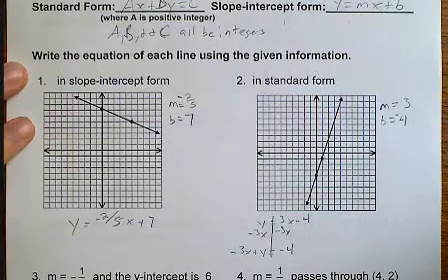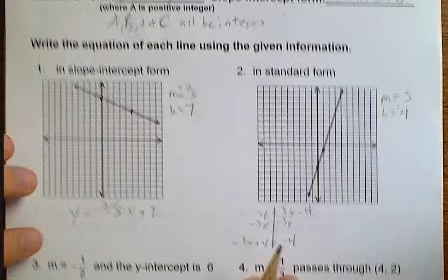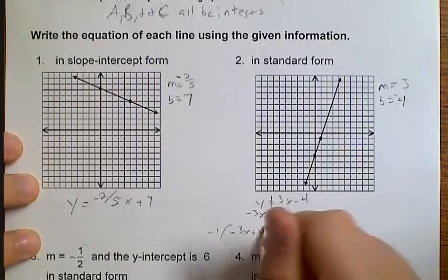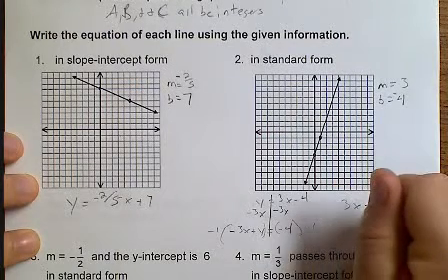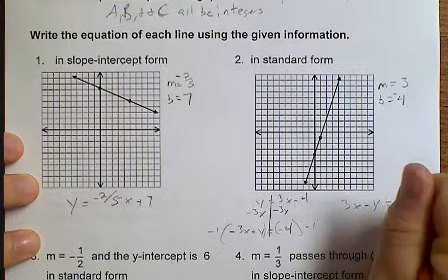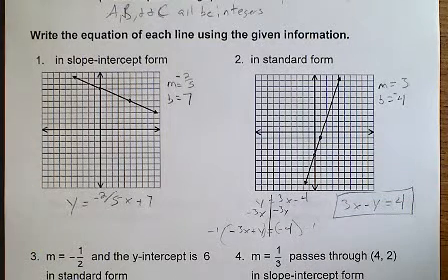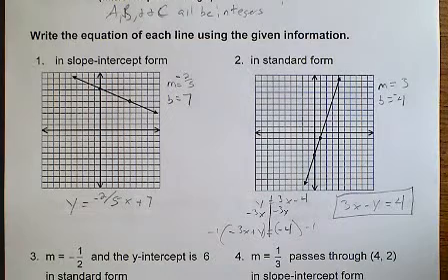So they're all integers, but a has to be positive. So we're going to just multiply everything times negative 1. That gives us 3x minus y equals a positive 4. And now we are done. So to get an equation in standard form, we start with slope-intercept and we move it over.